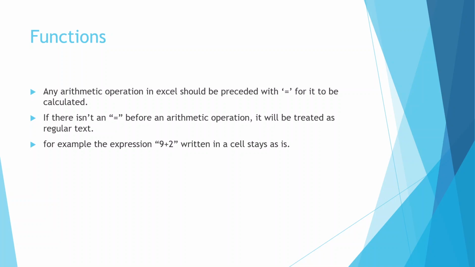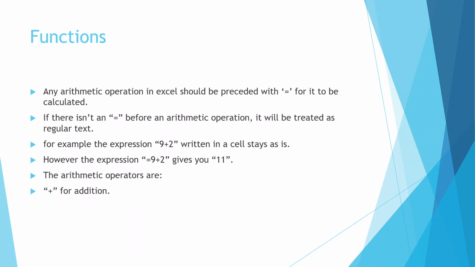It won't change, it won't be calculated. However, the expression equals 9 plus 2 gives you 11. The arithmetic operators are plus for addition, minus for subtraction, star sign for multiplication, and slash for division.